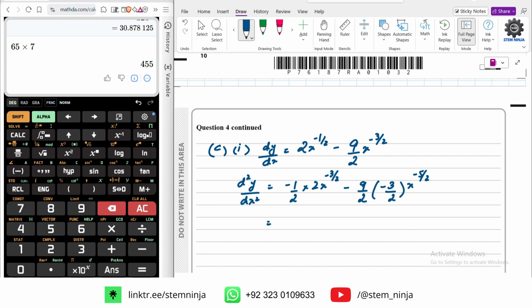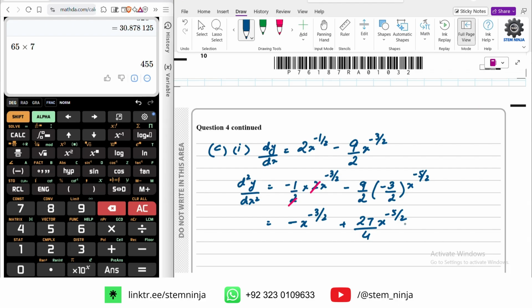So 2 and 2 get cancelled, leaving us with minus x^(-3/2), and this one becomes 27 over 4 x^(-5/2).